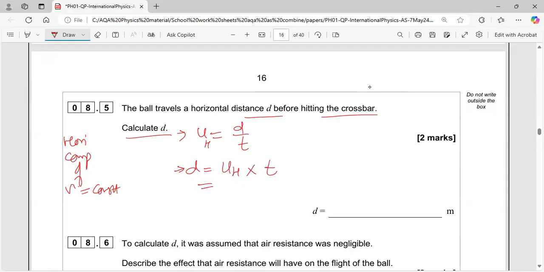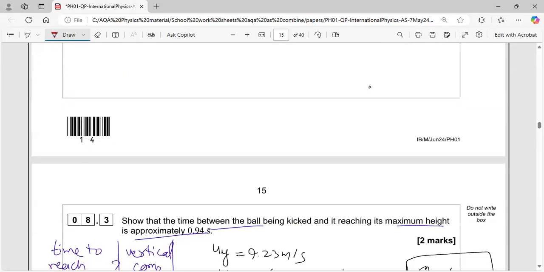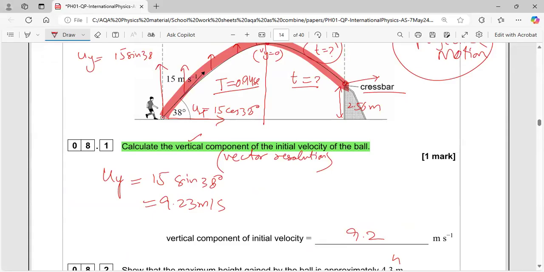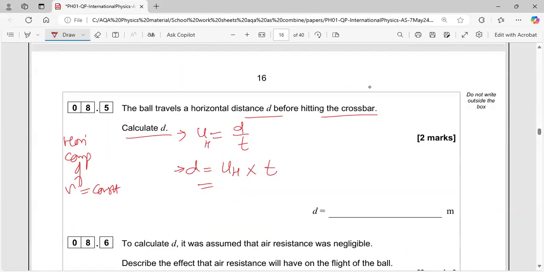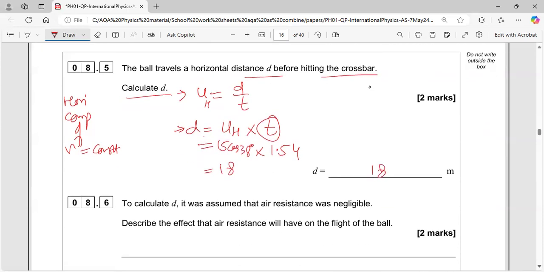The horizontal component of velocity is 15 cos 38, and it remains the same everywhere. And the total time you have just calculated is 1.54, the total time taken by the football to hit the crossbar, right? So this comes out to be around 18 meters. So 18 meters is the distance.